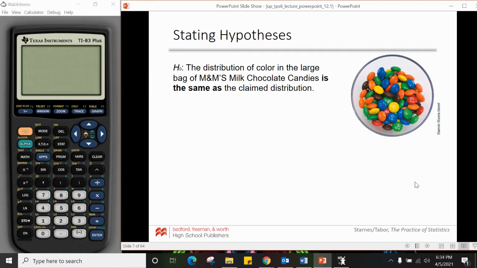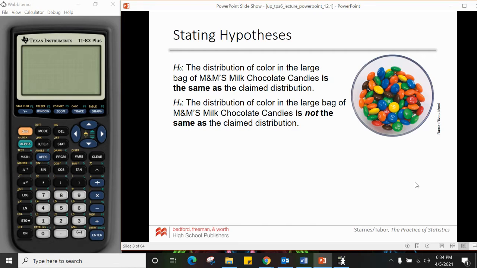So our hypotheses here are going to be a little bit different. They're typically written in words, or you could use mathematical symbols or equations, but let's look at them in words. The null hypothesis, what we assume to be true, is that the distribution of color in the large bag of M&M's milk chocolate candies is the same as the claimed distribution.